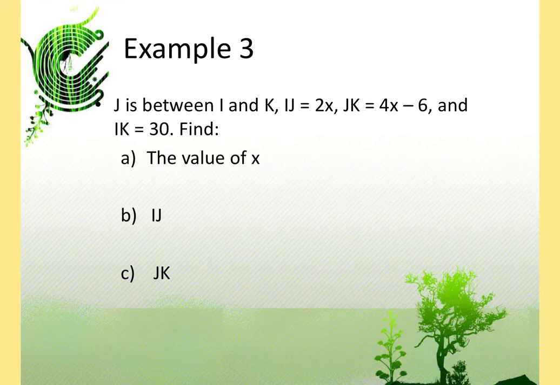All right, now comes the algebra. J is between I and K. IJ is 2x, JK is 4x minus 6, and IK is 30. I would strongly recommend giving yourself a visual on these. So if J is in between I and K, it's anywhere in here, I and K. IJ is 2x.